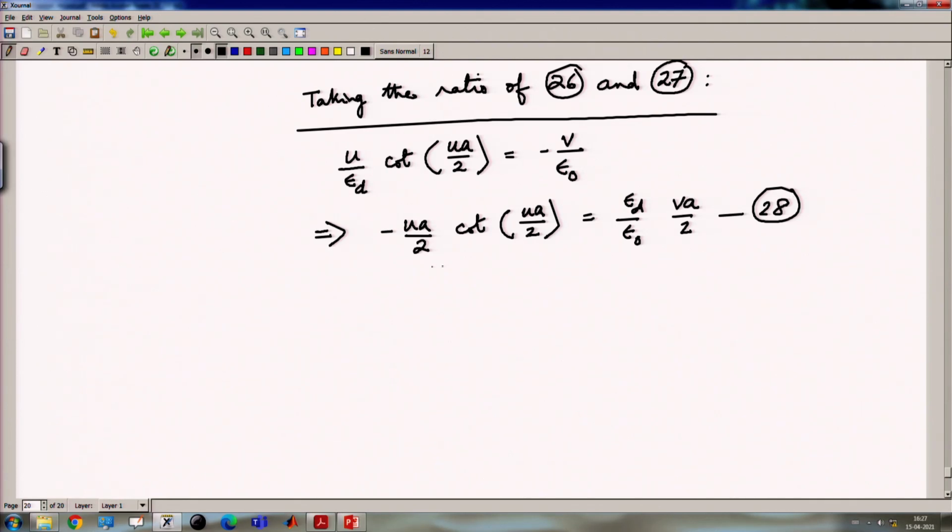This is of the generic form of the function x cot x. So, this is the characteristic equation for determining the kz and cutoff frequencies of the even TM modes, because u and v can be expressed in terms of kz from the separation equation.